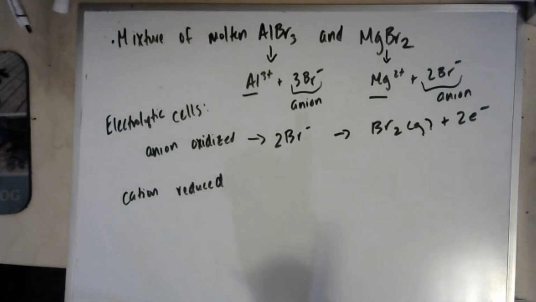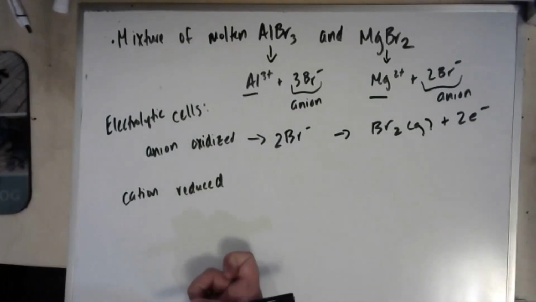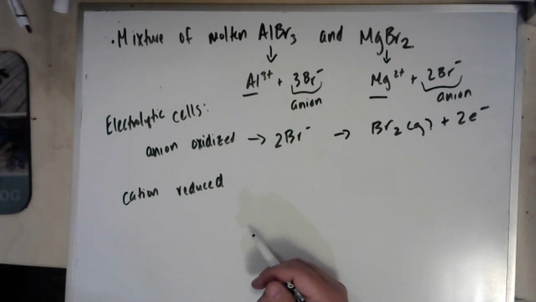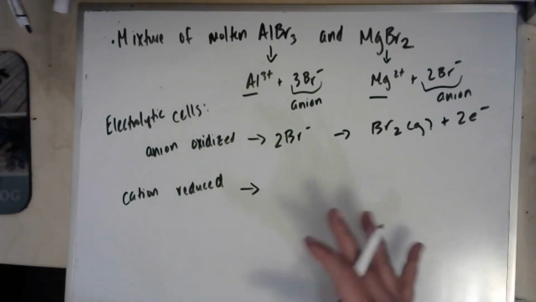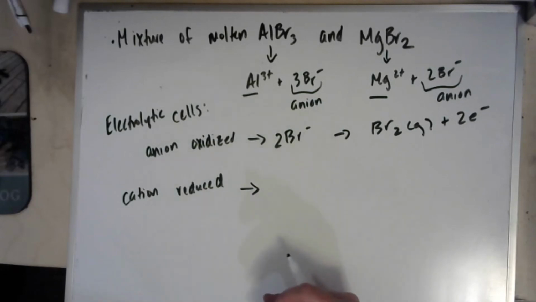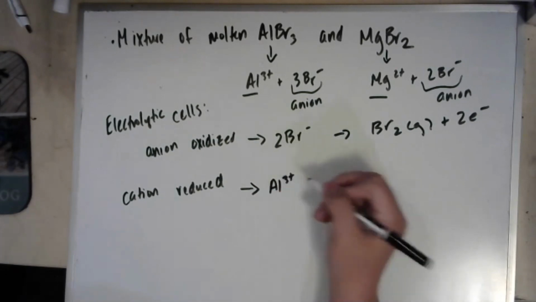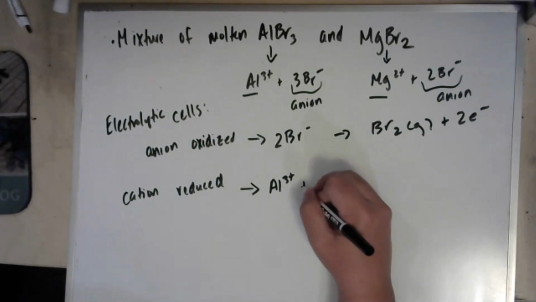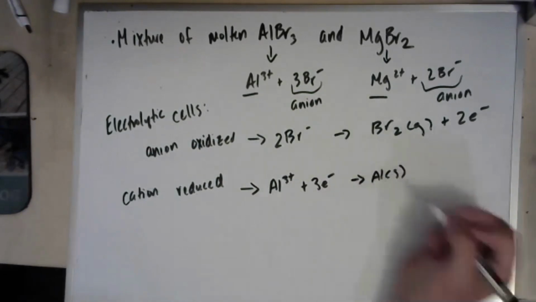Now we have to figure out which cation is going to be reduced here, and we're going to look at the reduction potential values for this. So we're going to write out the two reduction reactions here, the one for aluminum and one for magnesium, and we're going to compare them. We have Al3+, and for this to be reduced, it's going to have to gain 3 electrons to form aluminum solid.